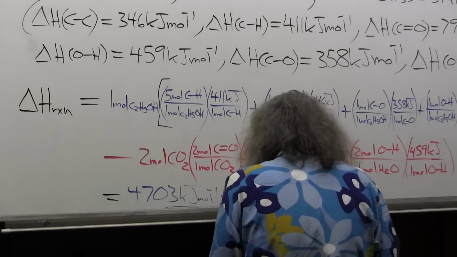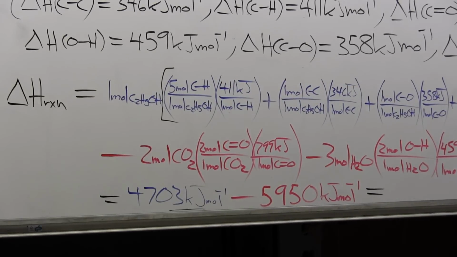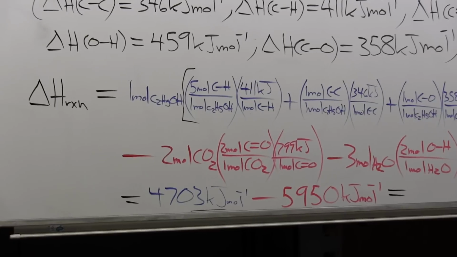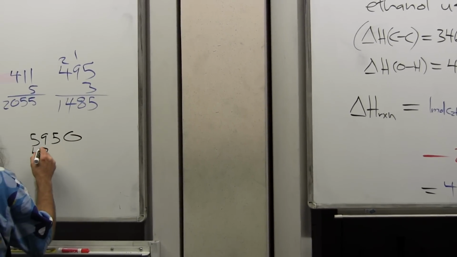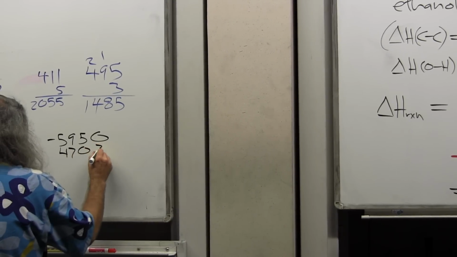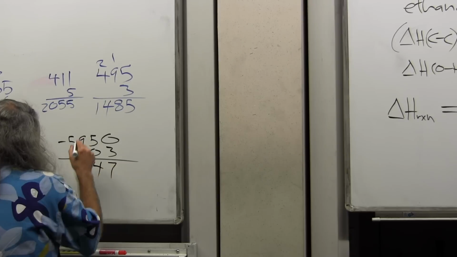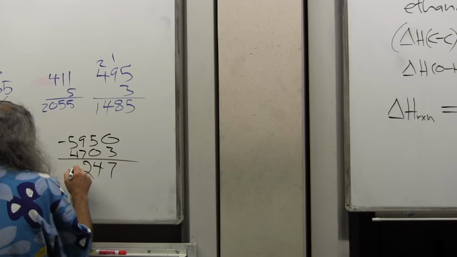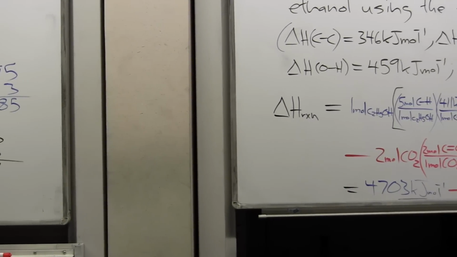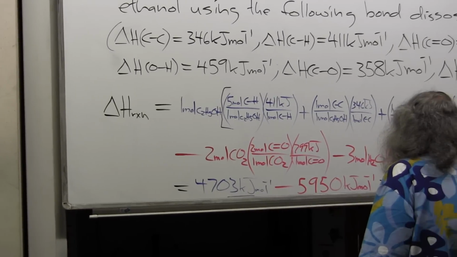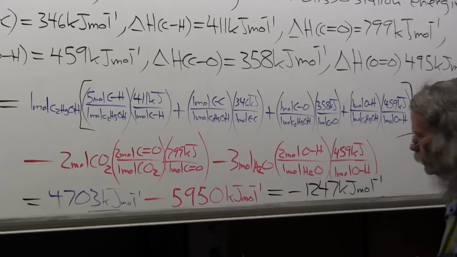And that is equal to, go over to my scratch paper and do that operation. So I have 5950. 7, that would be 4, and it's 2, so that equals minus 1247.